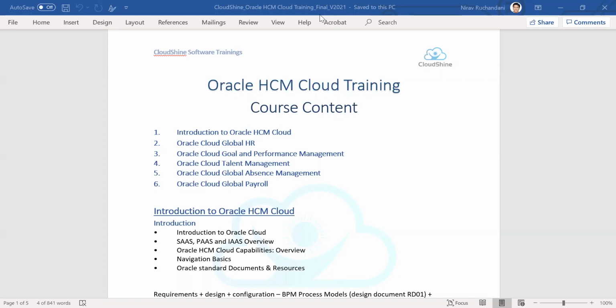We will not be covering all the localizations. I think there are 12 localizations offered by Oracle. We will pick a US localization and go through its concepts. We will not go into depth on the UK-specific or other localization-specific things, but we will pick one payroll localization and see how the solution works on that.